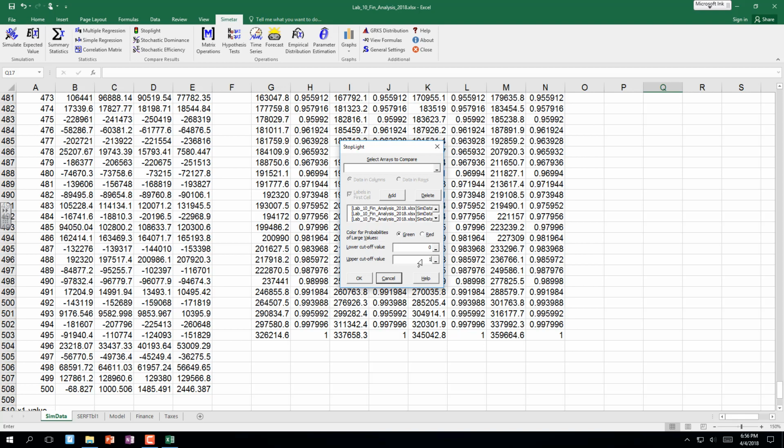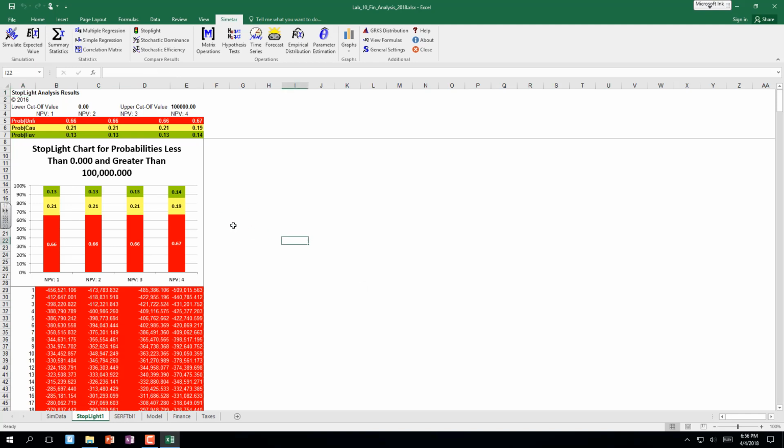Just pick a number, 100,000, because once it's run, then we'll change it. Okay, wow, that's a 66% chance of being negative. That's not a good farm. Okay. How did I do it? I just plugged in 100.